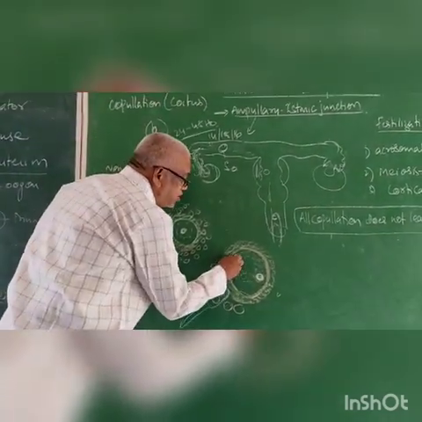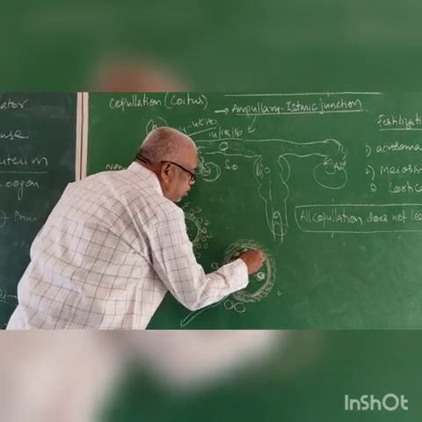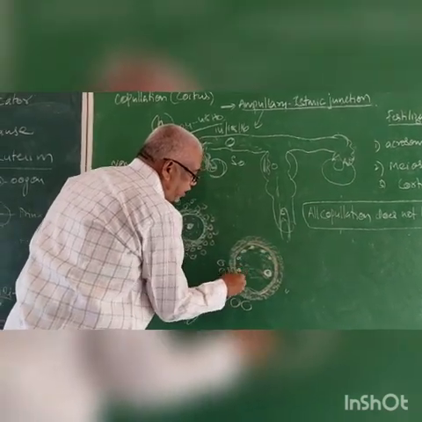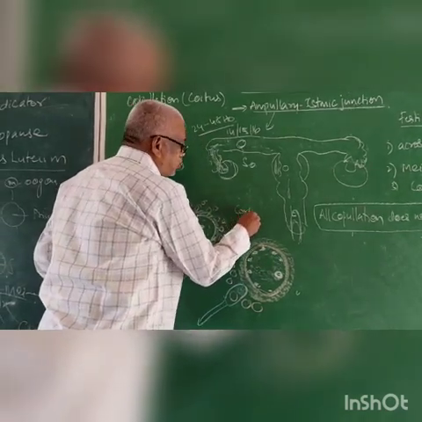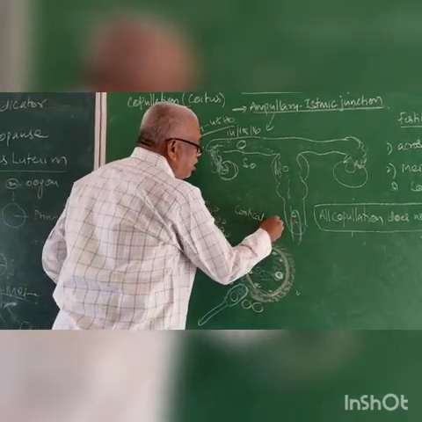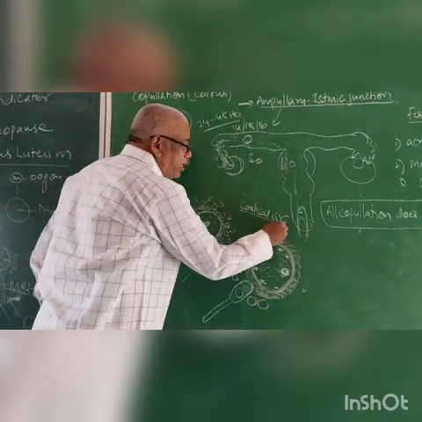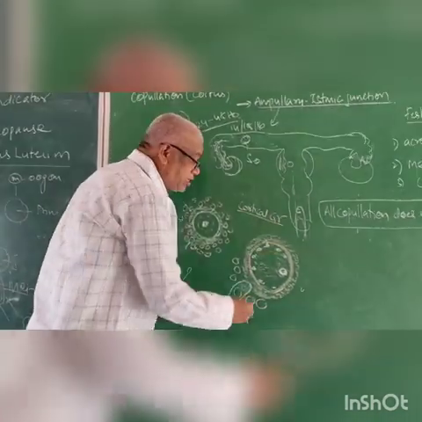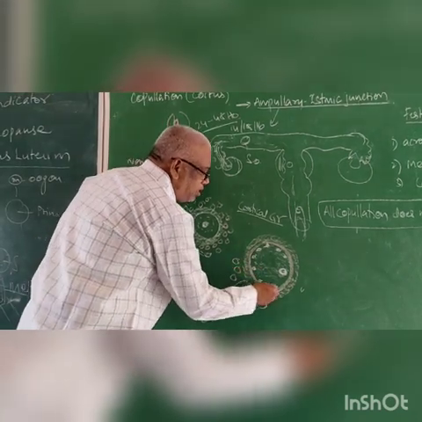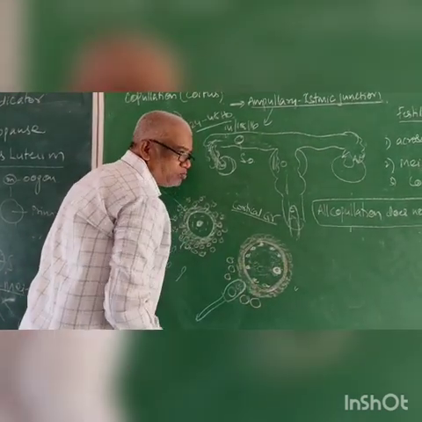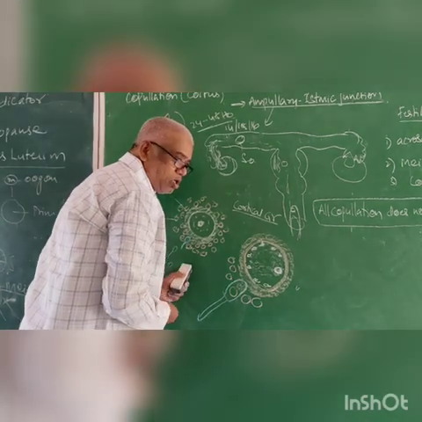Some granules are there in the cytoplasm peripherally. These are called cortical granules. Now cortical granules are present in the cytoplasm of the egg towards the periphery, not in a circle.